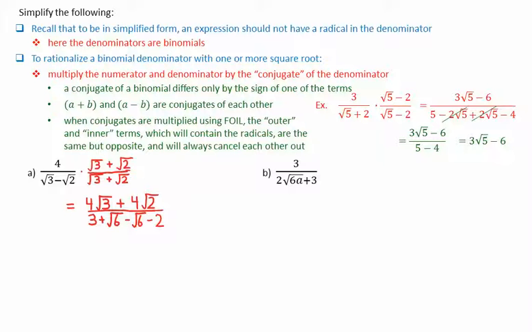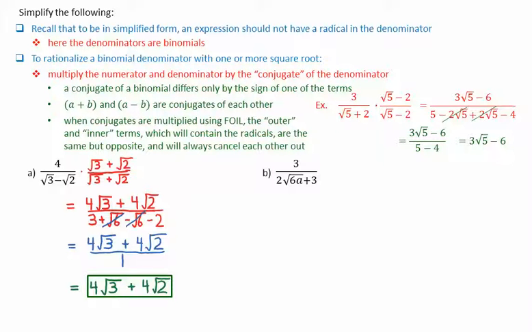Note the plus root 6 minus root 6 cancel each other out. This gives 4 root 3 plus 4 root 2 over 1, the 1 corresponding to 3 minus 2. We then have the final result, 4 root 3 plus 4 root 2.